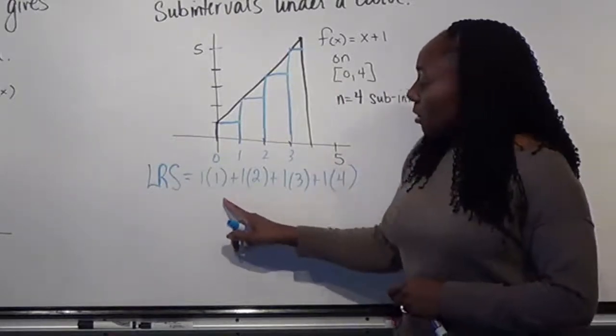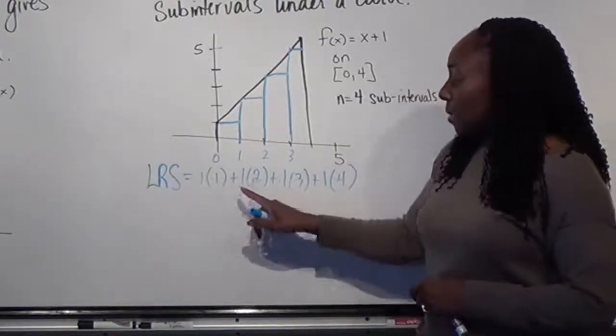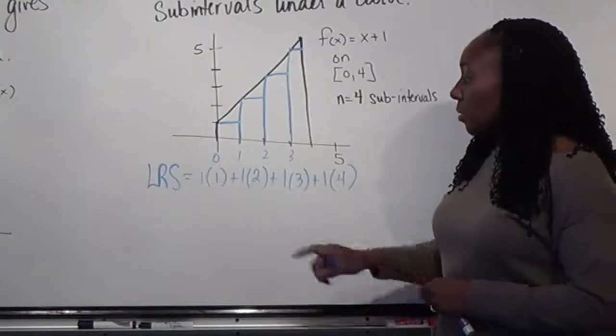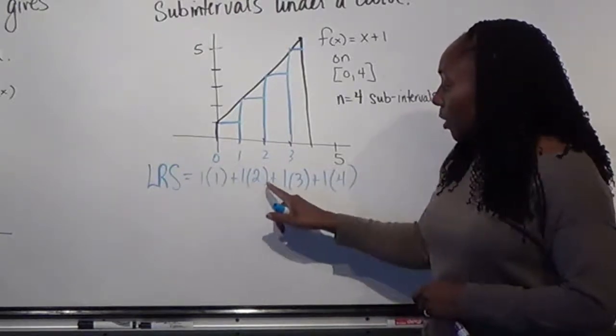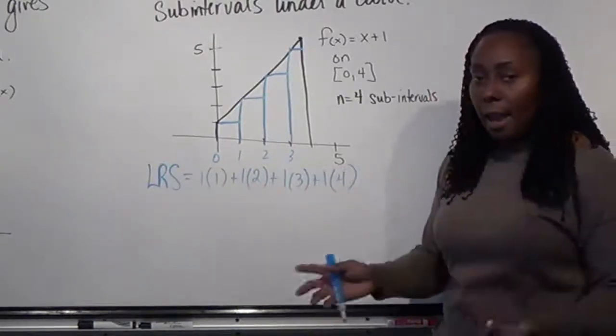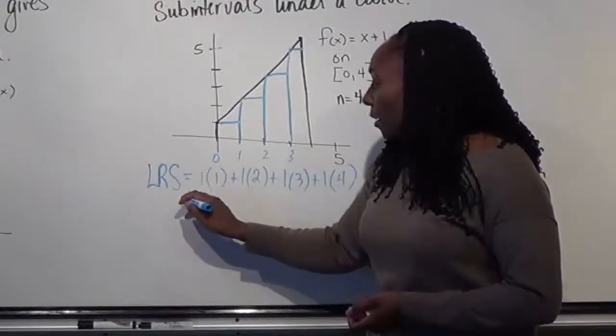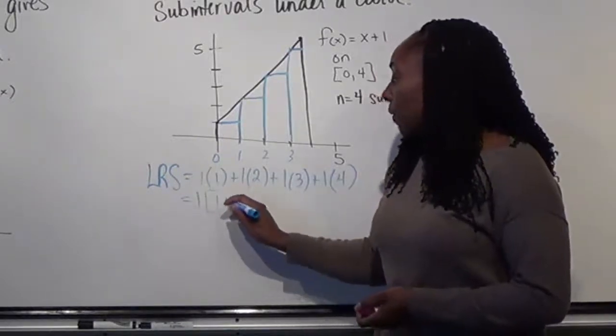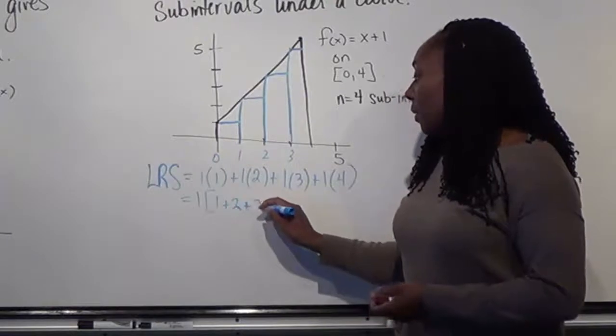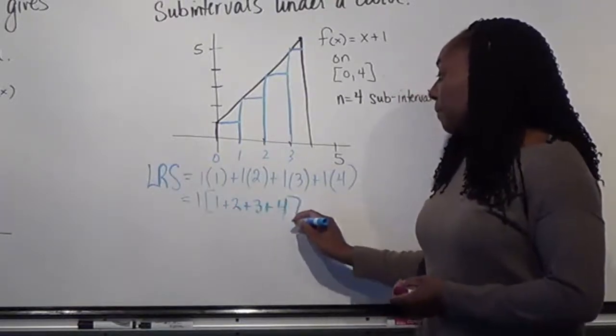One of the things to notice is if I write it out like this, the length times the height for each of these intervals, each of the lengths is exactly the same. So I can factor that out front and then just add up the heights.